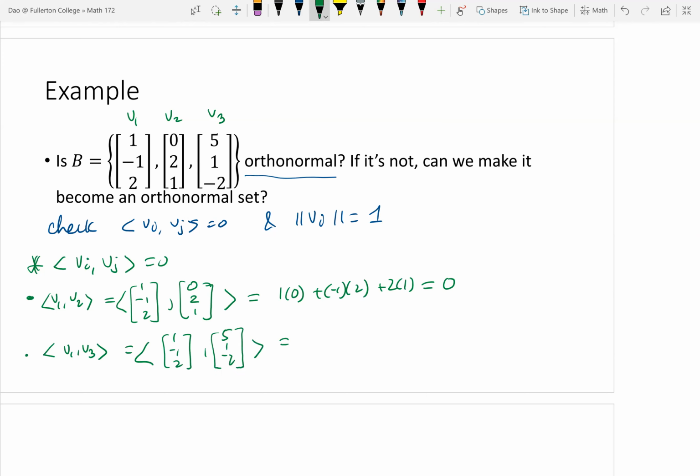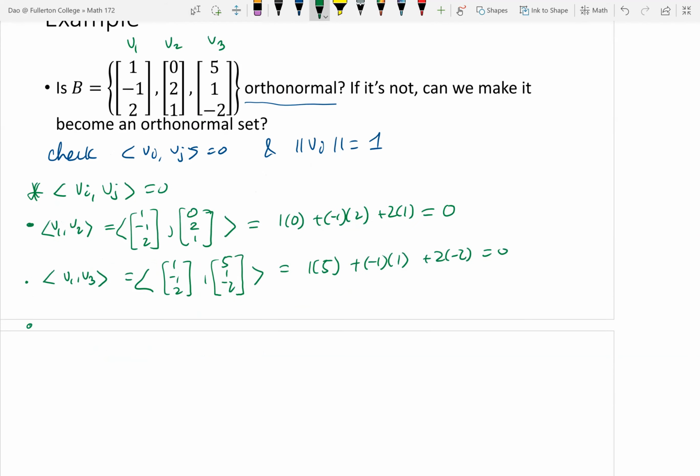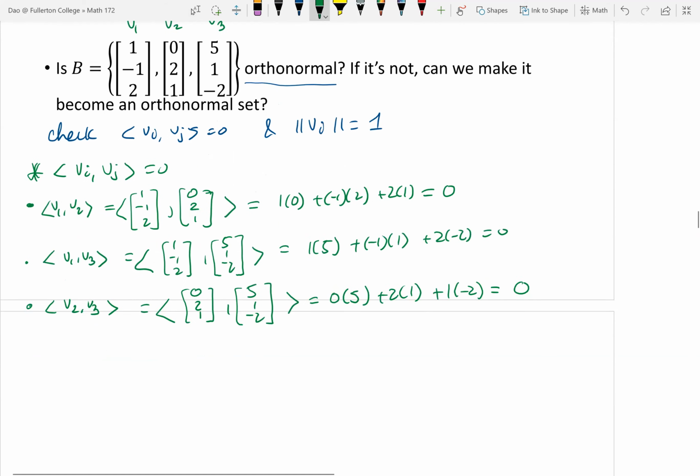So this becomes 1 times 5 plus negative 1 times 1 plus 2 times negative 2, also 0. And last but not least, v2, v3: (0, 2, 1) dotted with (5, 1, negative 2). So 0 times 5 plus 2 times 1 plus 1 times negative 2, so also 0. Yeah, so that's good.